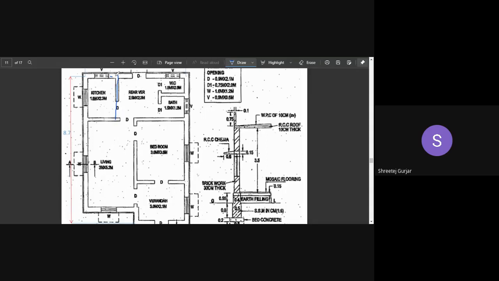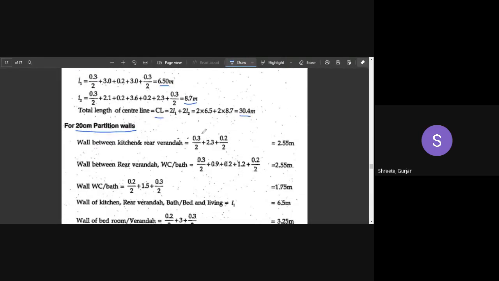It will be 0.3 by 2 plus this length, that is 2.3, plus 0.2 by 2, because this is a 20 centimeter wall, so it is half of that. So it will be 0.3 by 2 plus 2.3 plus 0.2 by 2. That is what we have done here, and that length is 2.55.